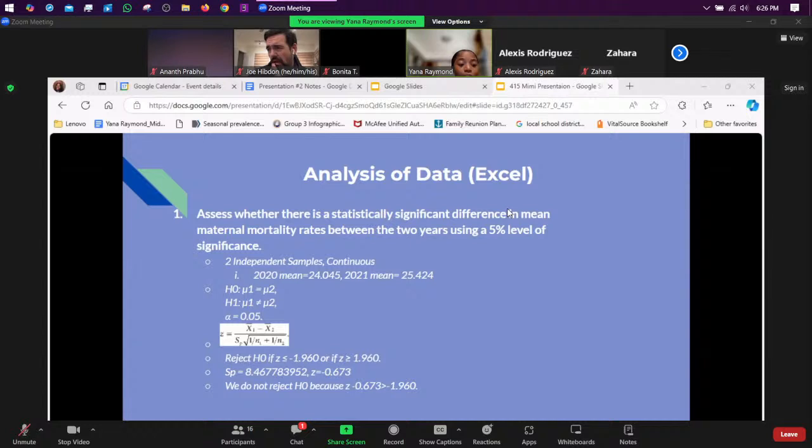I ran an analysis to determine if there was a statistically significant difference in the mean maternal mortality rates between the 2 independent samples, 2020 and 2021, using a 5% level of significance. My null hypothesis was that the means are the same, and H1 was the means are not the same. Because both N1 and N2 are larger than 30 in this sample, we utilize the Z-test statistic, where Z is 1.96.